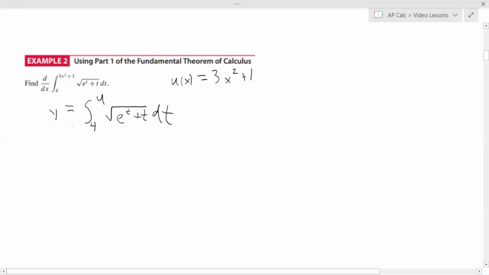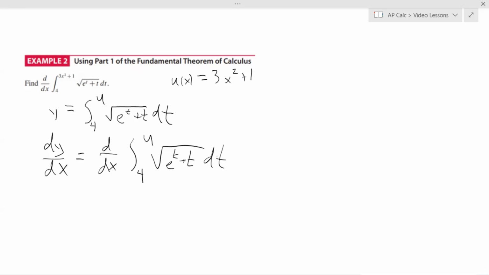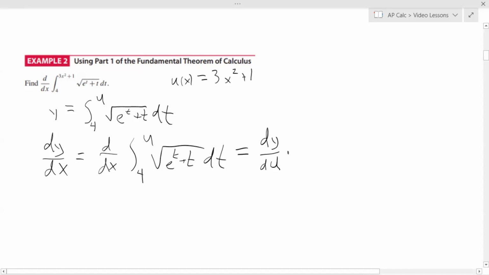If we take the derivative, dy/dx is the derivative with respect to x of the integral from 4 to u of the square root of e to the t plus t dt, which is going to be the derivative of y with respect to u times the derivative of u with respect to x. This is where we're going to apply the chain rule.